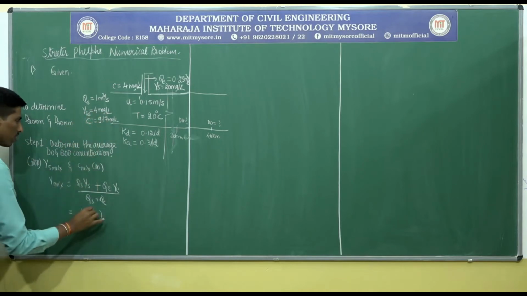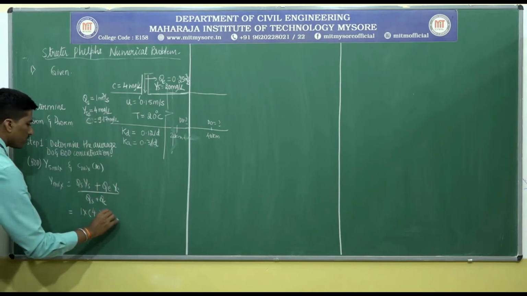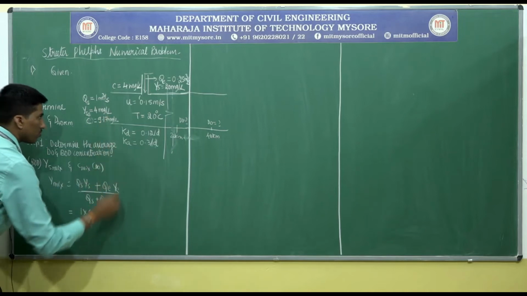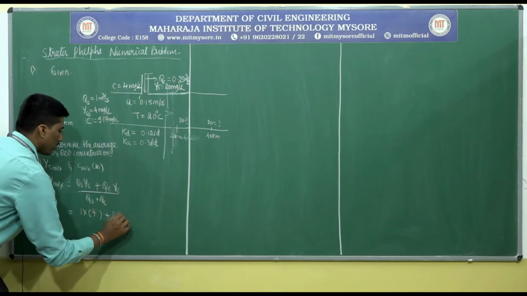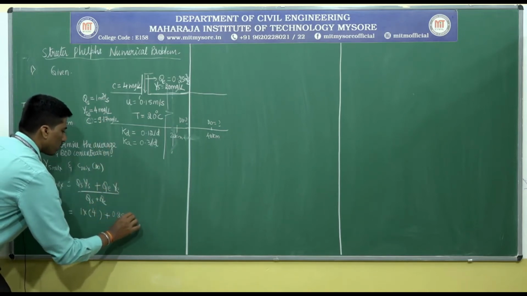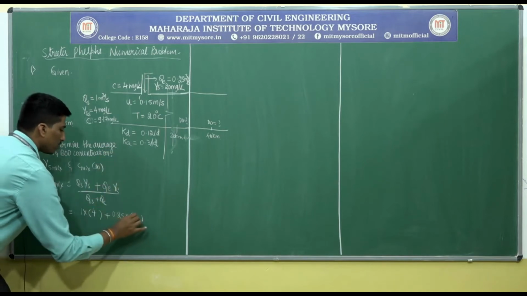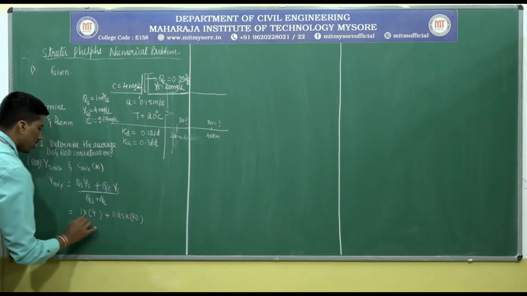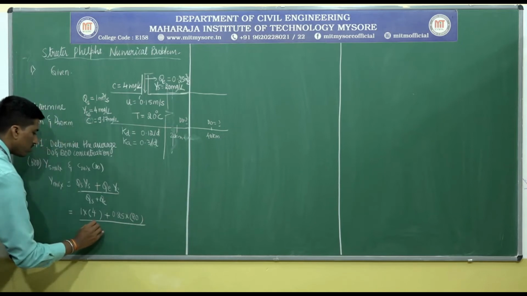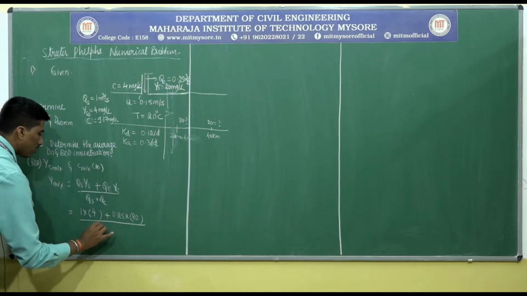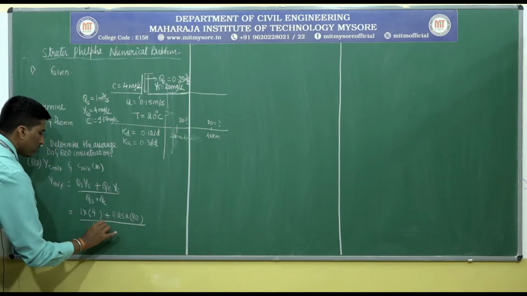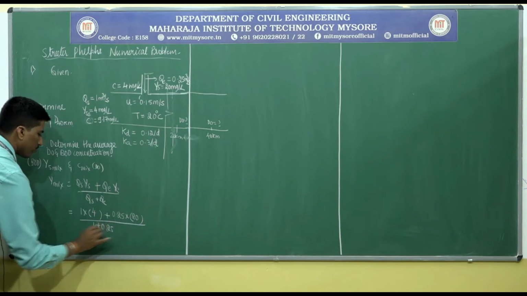That is 4 mg per liter of the BOD concentration, plus Qe is 0.25 into Ye, which is given as 20, divided by Qs plus Qe. It is 1.25 because 1 plus 0.25.